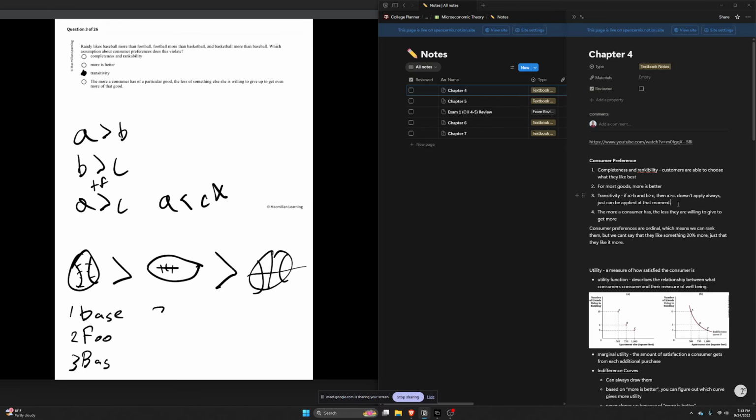It's impossible for 3 to be better than 1 because it's 3rd place. This one, it's pretty simple. You just have to know what kind of rule that violates, what it's called, and it's transitivity right here.